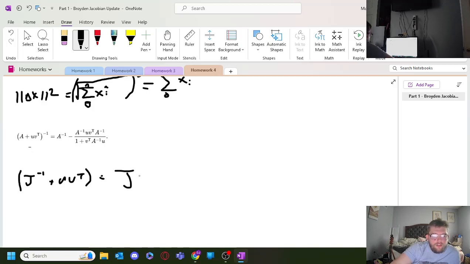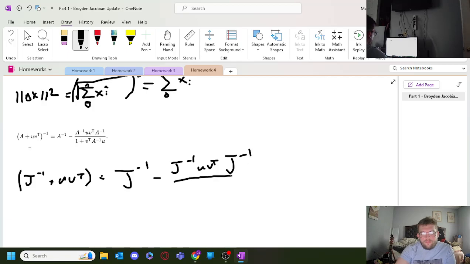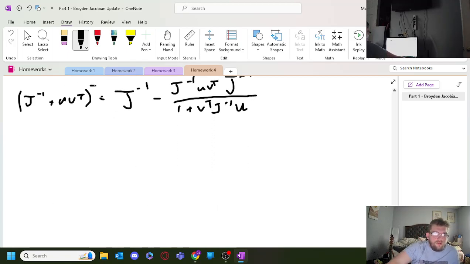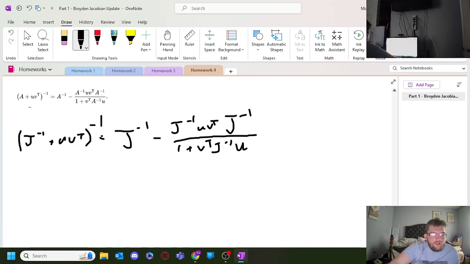So the updated inverse equals Jacobian inverse minus Jacobian inverse U V transpose Jacobian inverse once again, and then 1 plus V transpose Jacobian inverse U. Now, all this term on the left side is just an updated Jacobian.